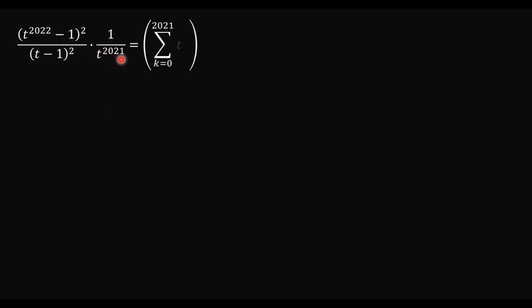So essentially, our integrand is the same as the summation of t to the power k from k equals 0 to 2021, squared, times 1 over t to the power 2021.